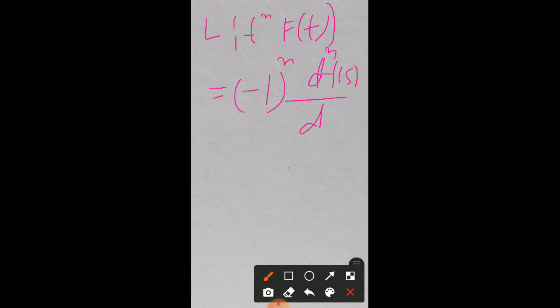Now, Laplace transform of t raised to power n f(t), we have already proved it is minus 1 raised to power n d^n F(s) upon ds^n.